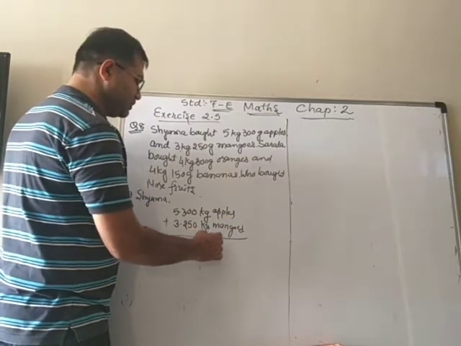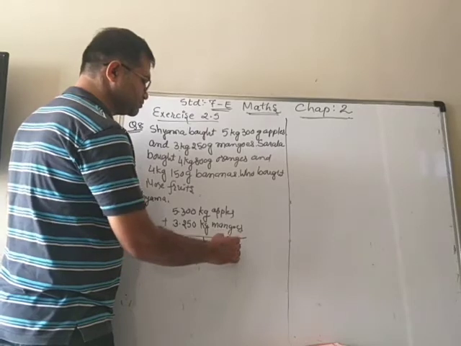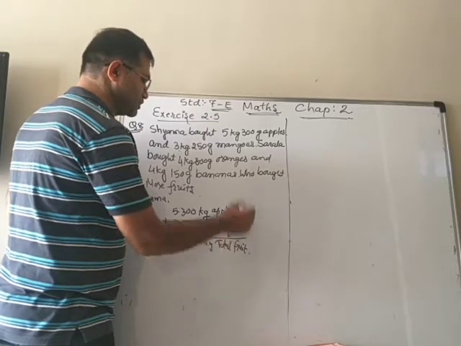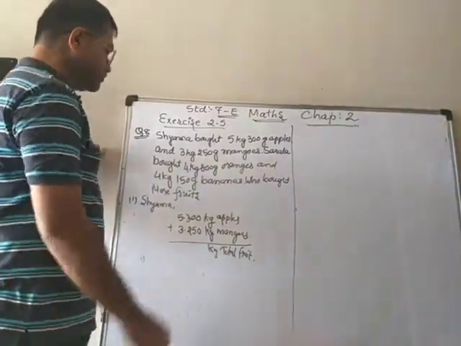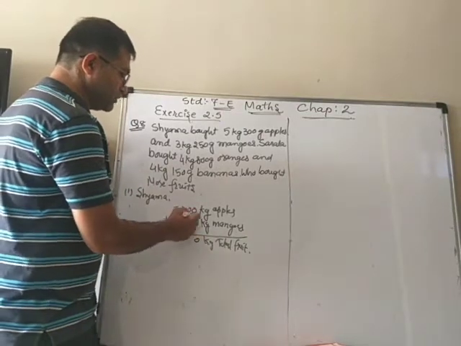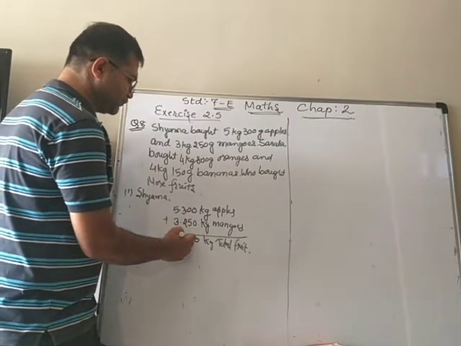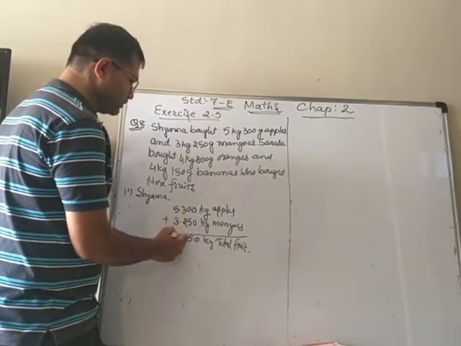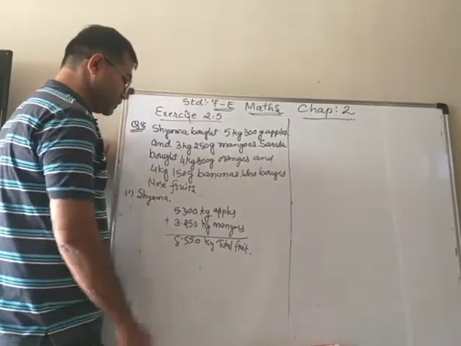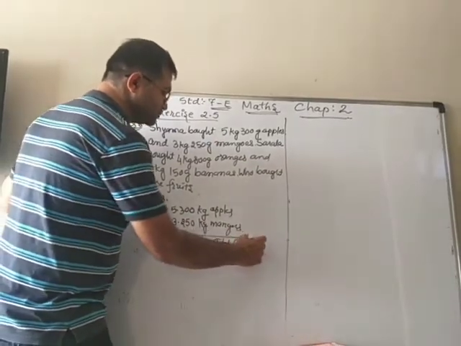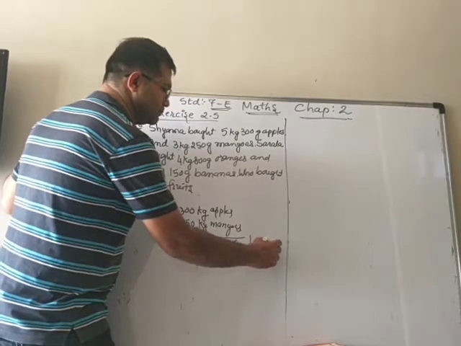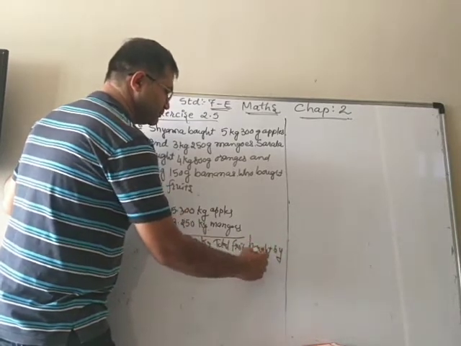So that will be the total fruit that Syama bought. So 0 plus 0 is 0, 3 plus 2 is 5, and 5 plus 3 is 8. Total fruit bought by Syama.